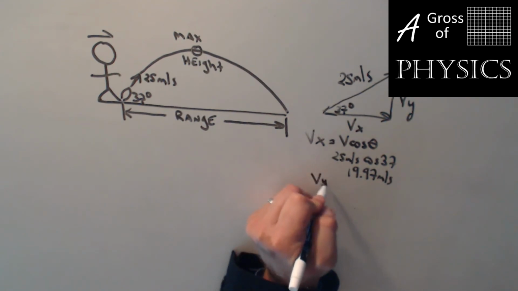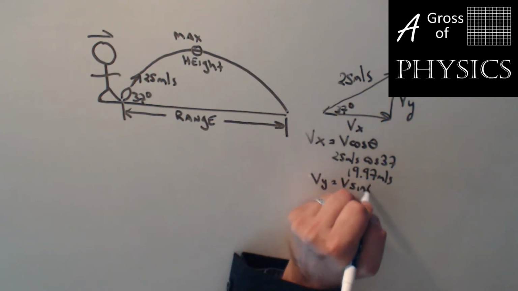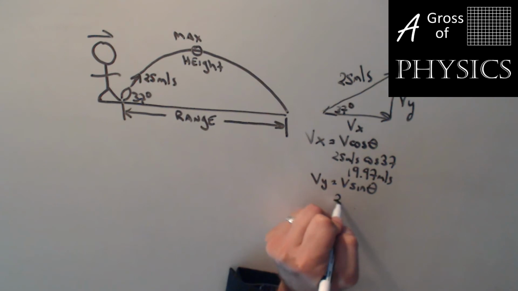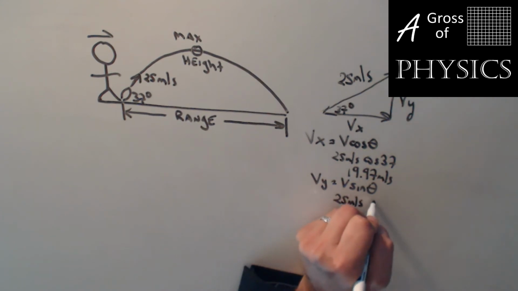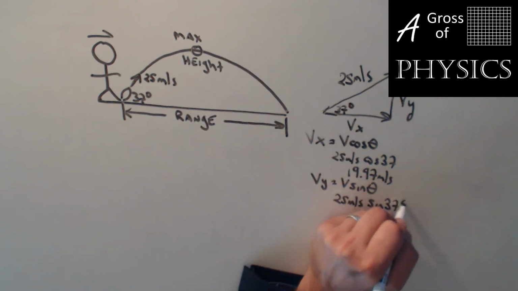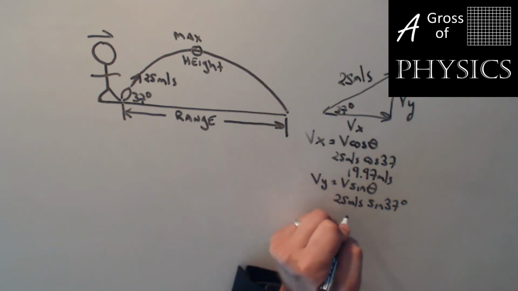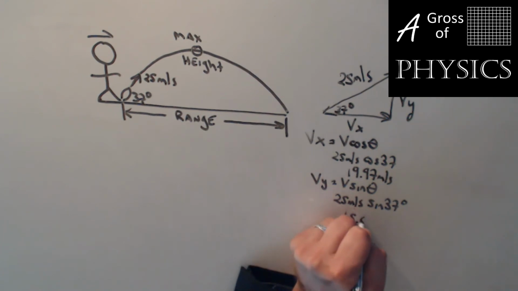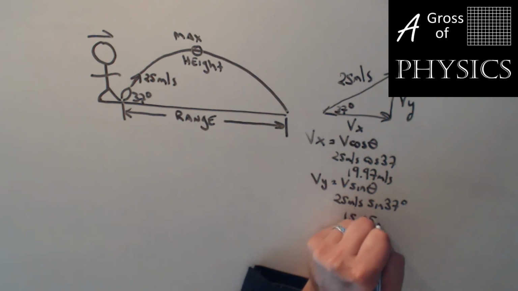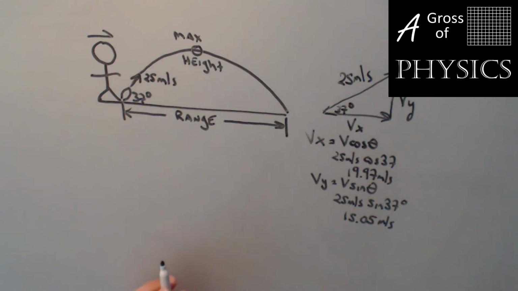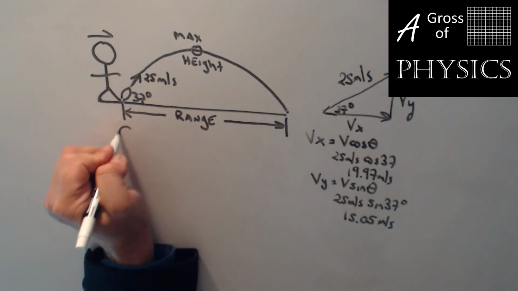And then Vy equals V sine theta. So 25 meters per second sine of 37 degrees. 25 times sine 37 is 15.05 meters per second.